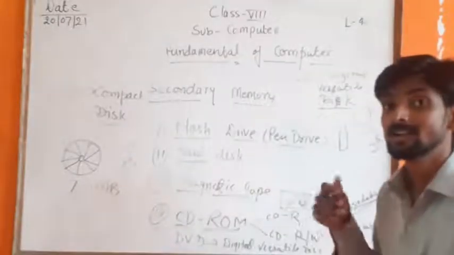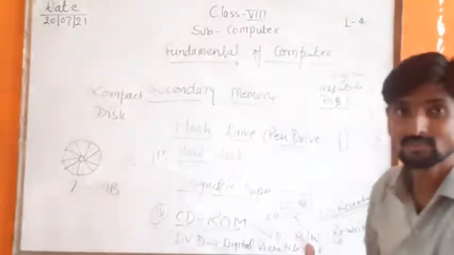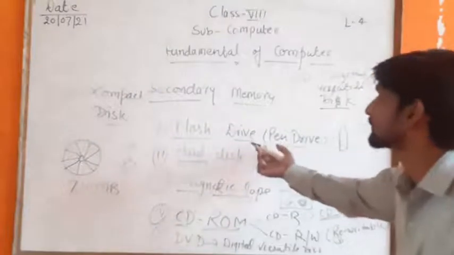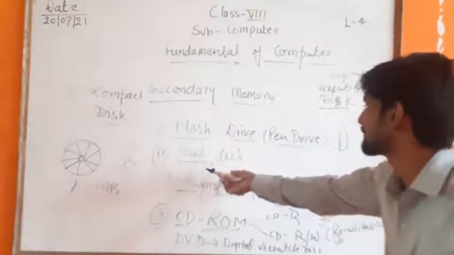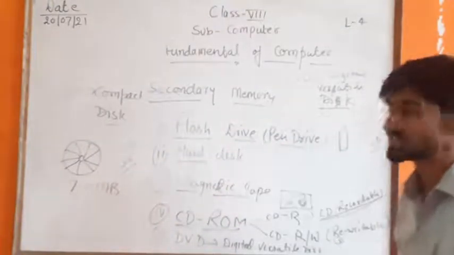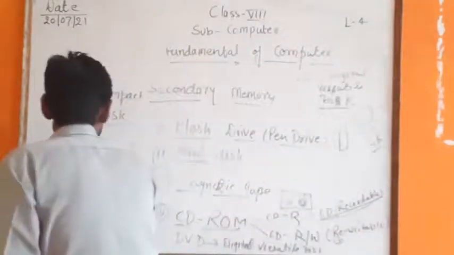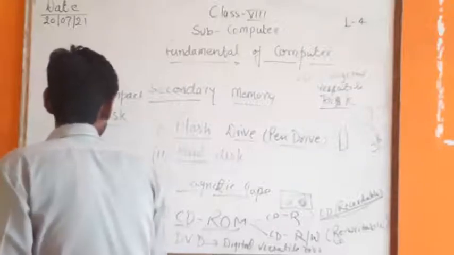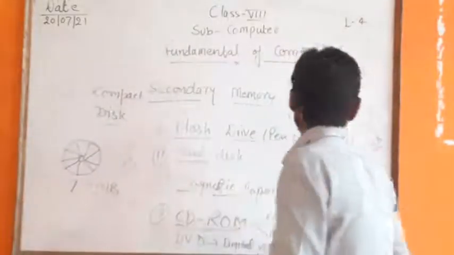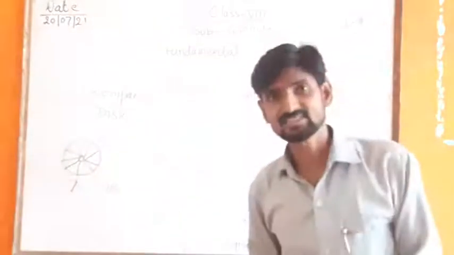How to measure the memory, which I repeated many times is huge in capacity? How can we measure the capacity of the flash drive or pen drive? How can we measure the capacity of the hard disk, CD-ROM and DVD? What is the MB? What is the GB? We will discuss in the next class.